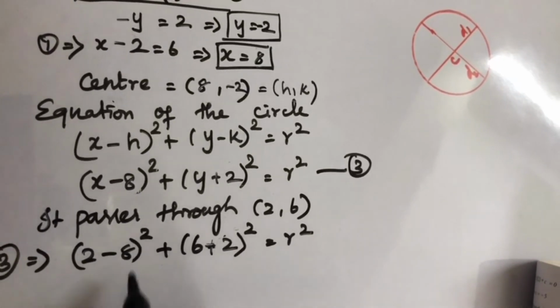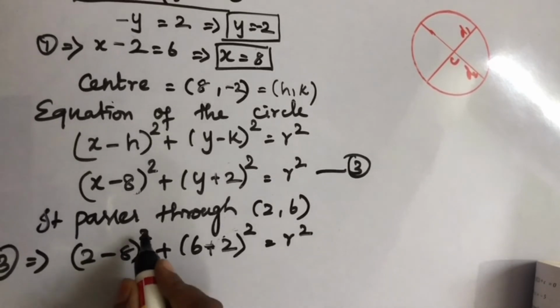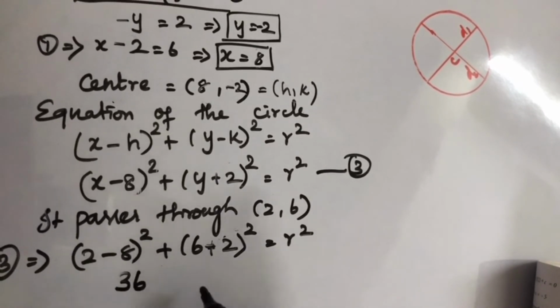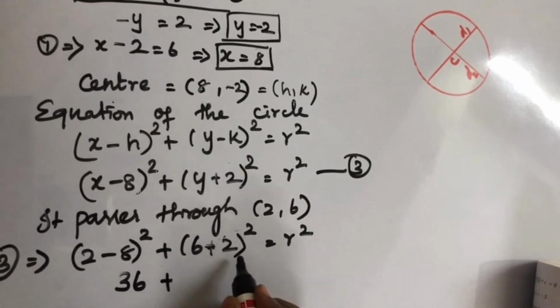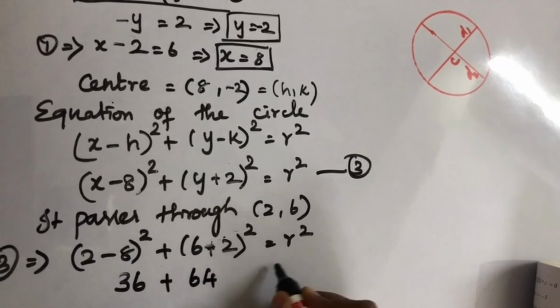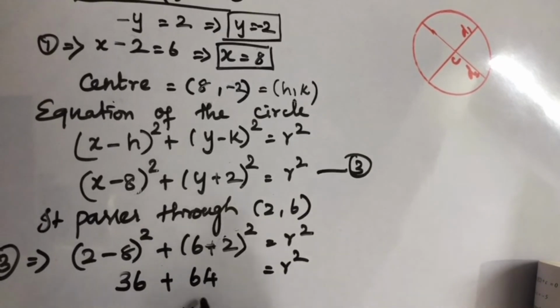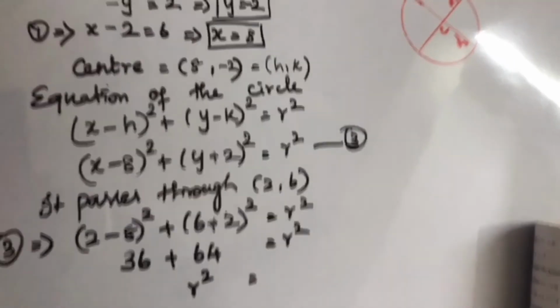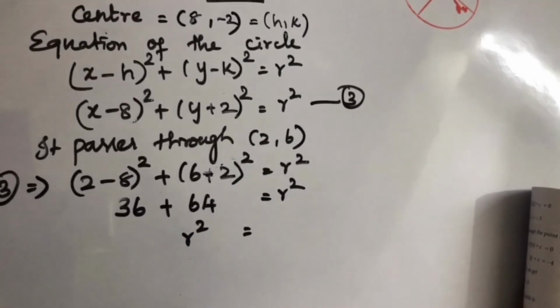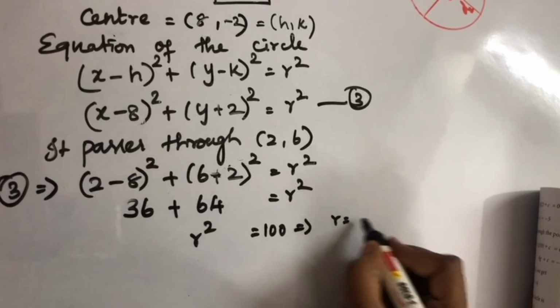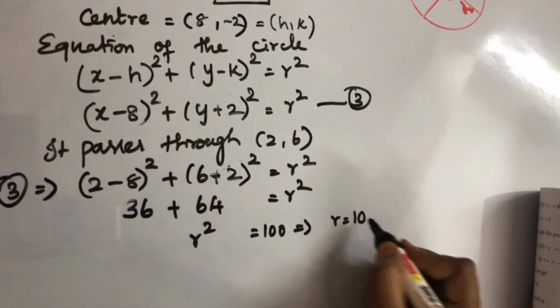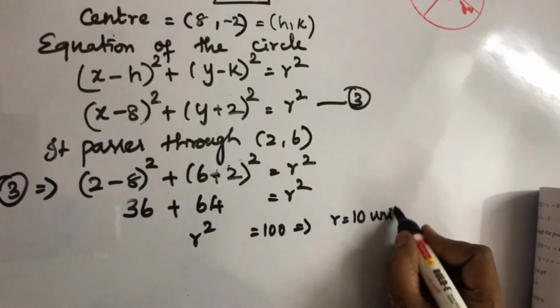Okay, (2 minus 8) the whole square, that is (minus 6) the whole square, it is 36, plus (6 plus 2) the whole square, that is 6 plus 2 is 8, 8 square is 64, is equal to r square. So, r square is equal to 100, that implies r is equal to 10 units.